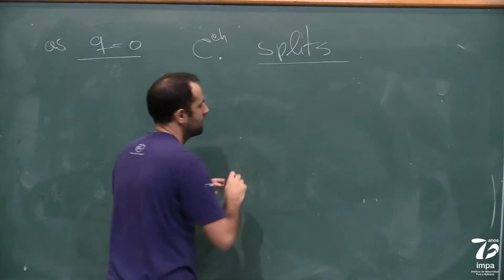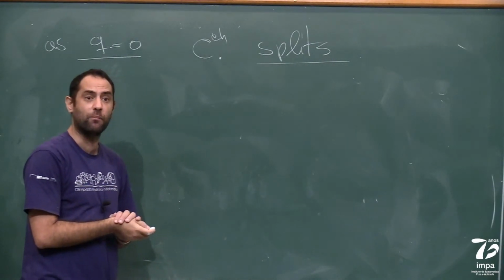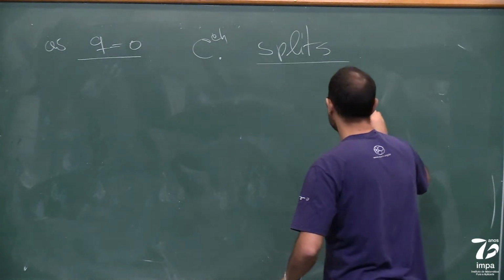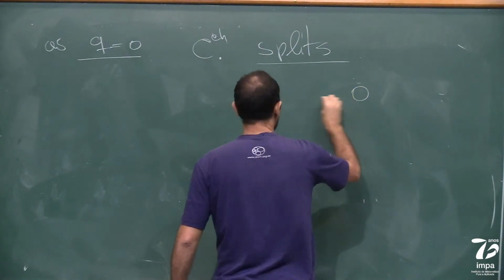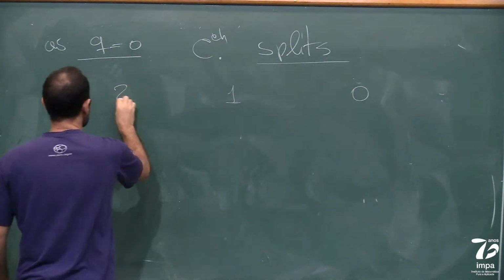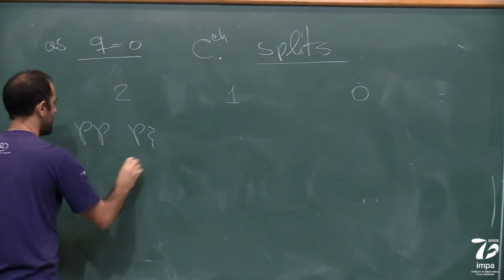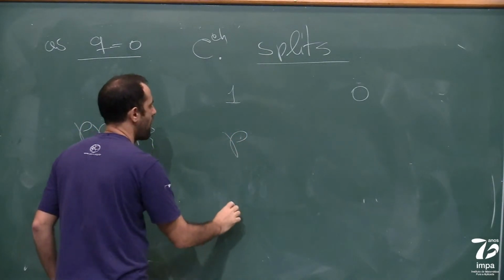So what are the components? It splits up a subcomplex that I want to slightly describe. So this subcomplex is as follows. Again, we have in degree 0, degree 1, and degree 2. And here we had functions of the form pp, pz, pz, and 1. And here we had functions p and 1.